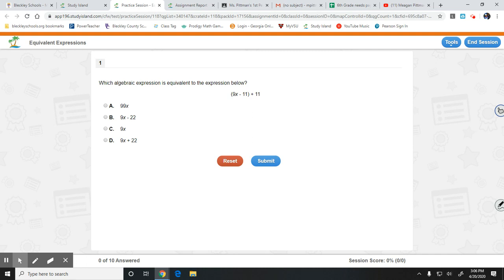It says, which algebraic expression is equivalent to the expression below? Now, remember we have order of operations: Please excuse my dear Aunt Sally.